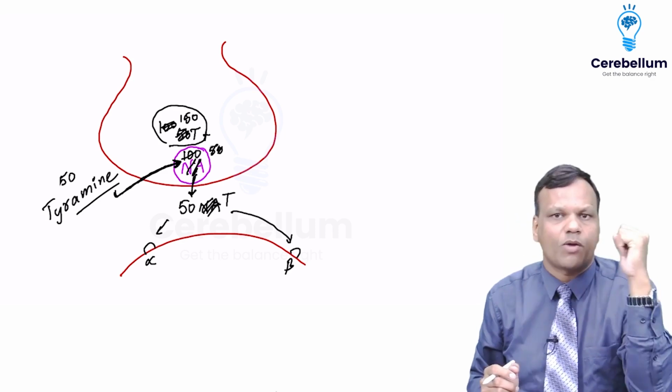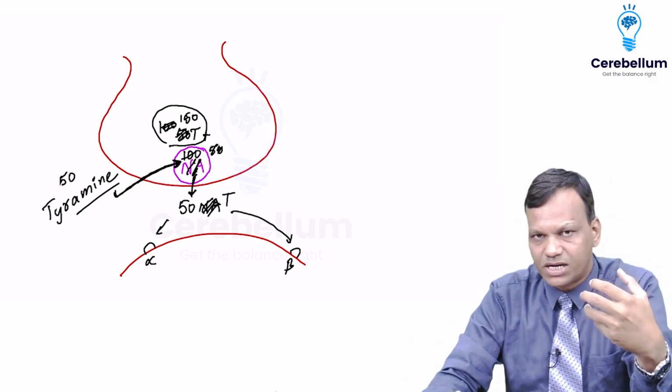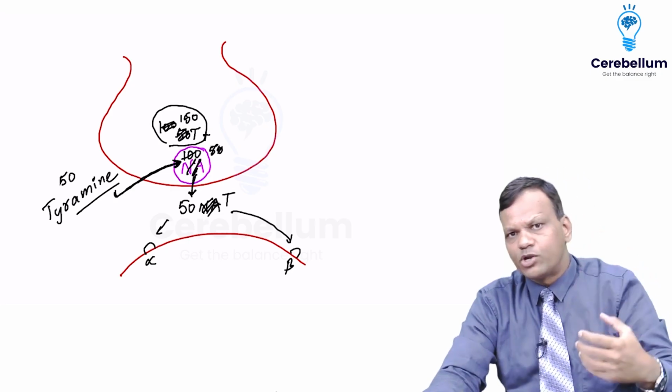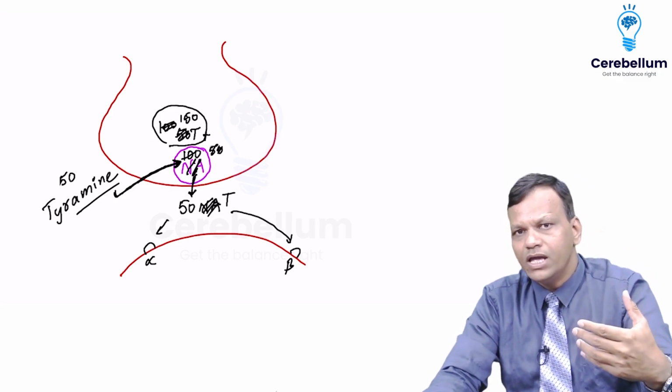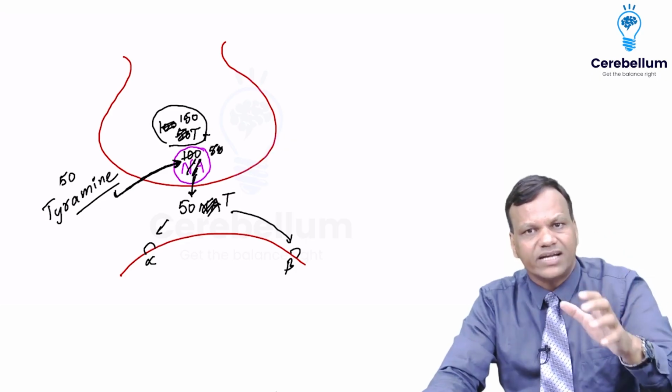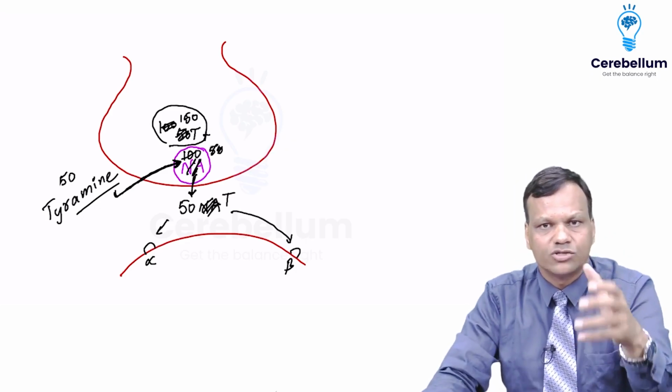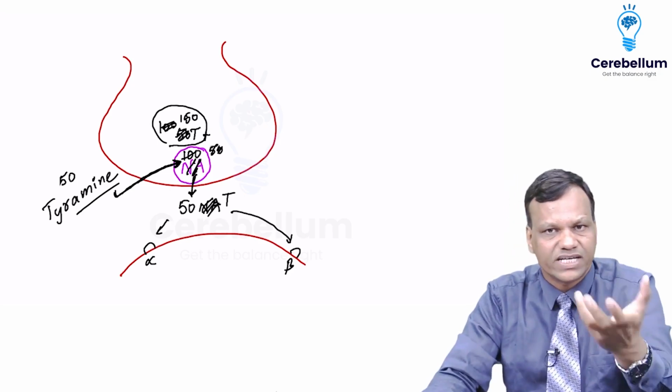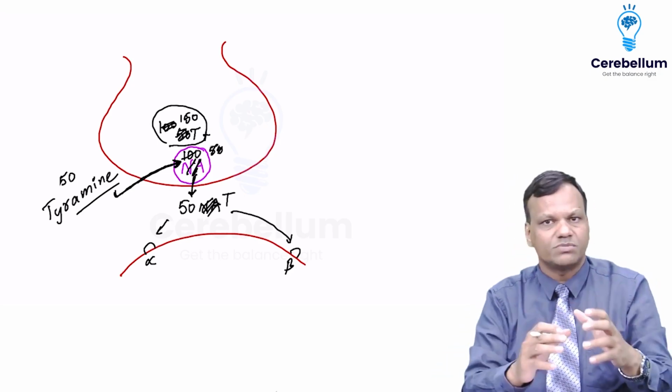So that is the special property of these drugs which act by displacement. They will produce action for 2, 3, 4 doses only, and after that there will be a sudden decrease in action of these drugs. Why does decrease in action occur? Because the neurotransmitter is depleted.